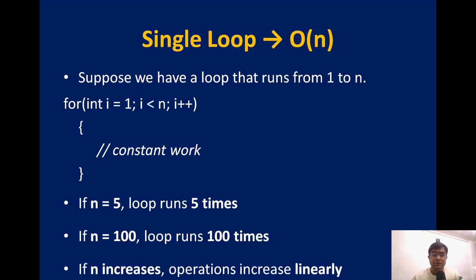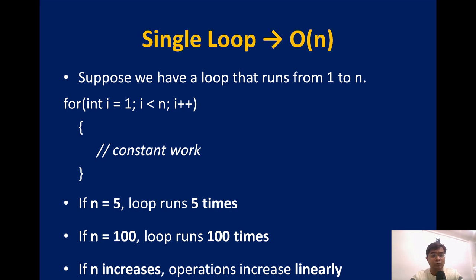Now let's come to the first case, a single loop, that is O of n. Suppose you have a loop that runs from 1 to n. I have taken the example here: for int i equal to 1, i less than n, i plus plus, and this loop does some constant work. If n equals 5, the loop runs 5 times.